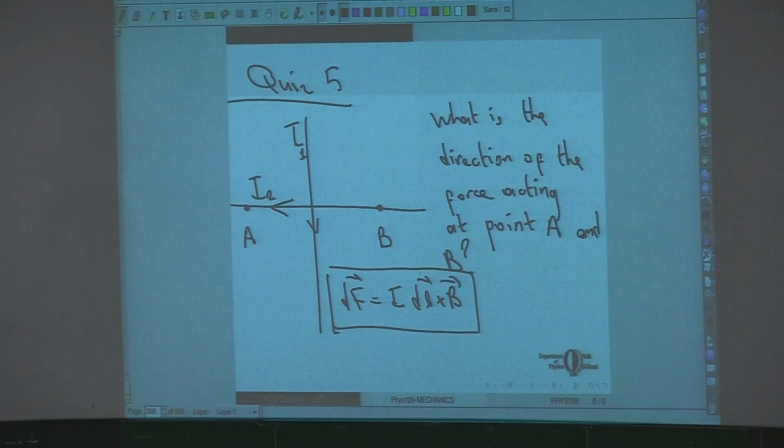Well, I'm just asking for the direction, not the magnitudes. They're just two points on two small segments of my wire. I'm just asking for the direction, not the magnitude, not the sum. Just answer A, answer B.